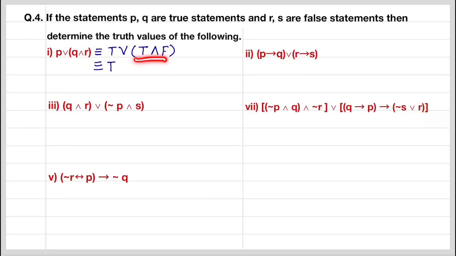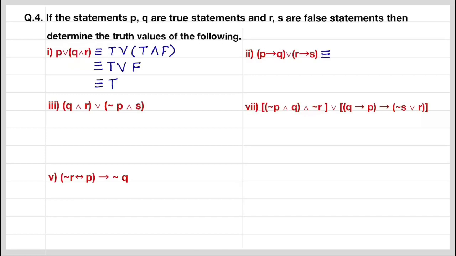That means T and F is equivalent to F. For disjunction, T or F is equivalent to T. Therefore, the truth value of this statement is T. Okay.